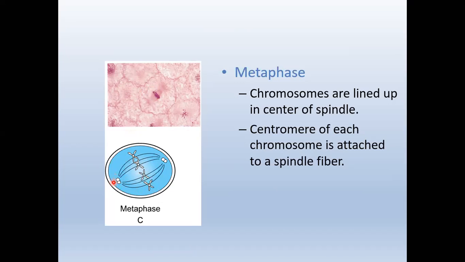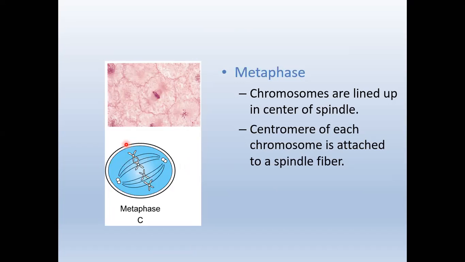And our centromere has attached its little fibers to either side of this DNA because we need to pull one half this way and one half this way so that it can contribute each to one cell.